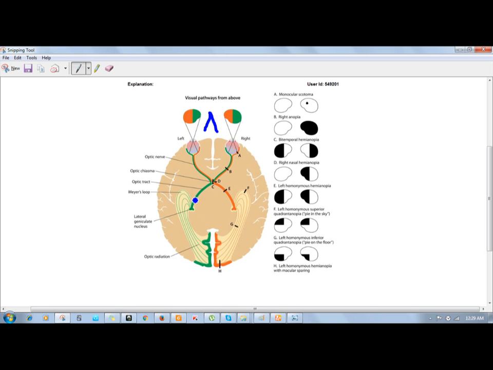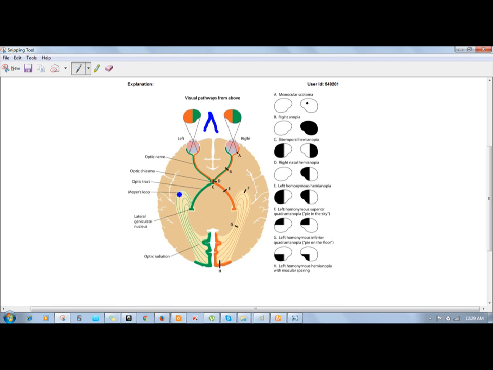So this is the optic tract, and then the optic tract goes on to meet the lateral geniculate nucleus, which processes the information, and after that we have something called the optic radiation. The optic radiation has two parts actually.